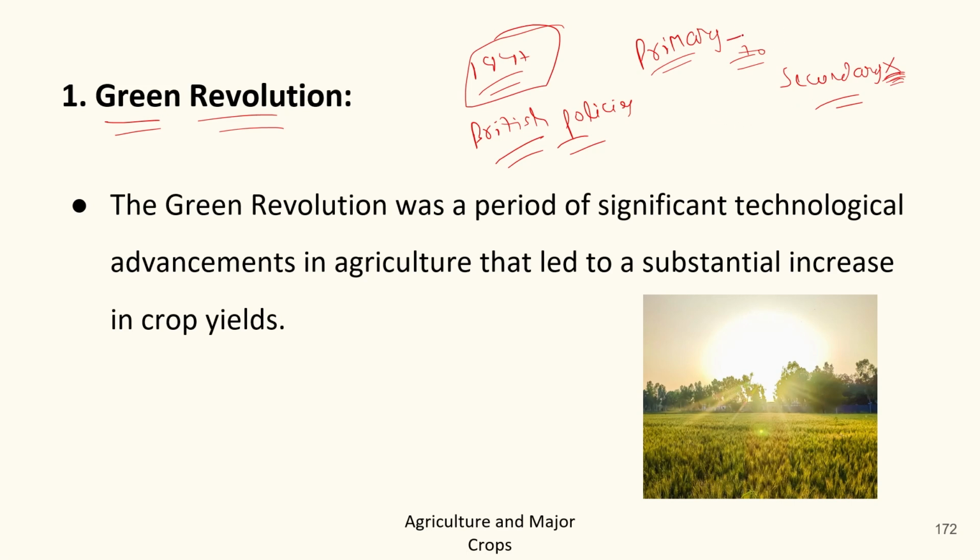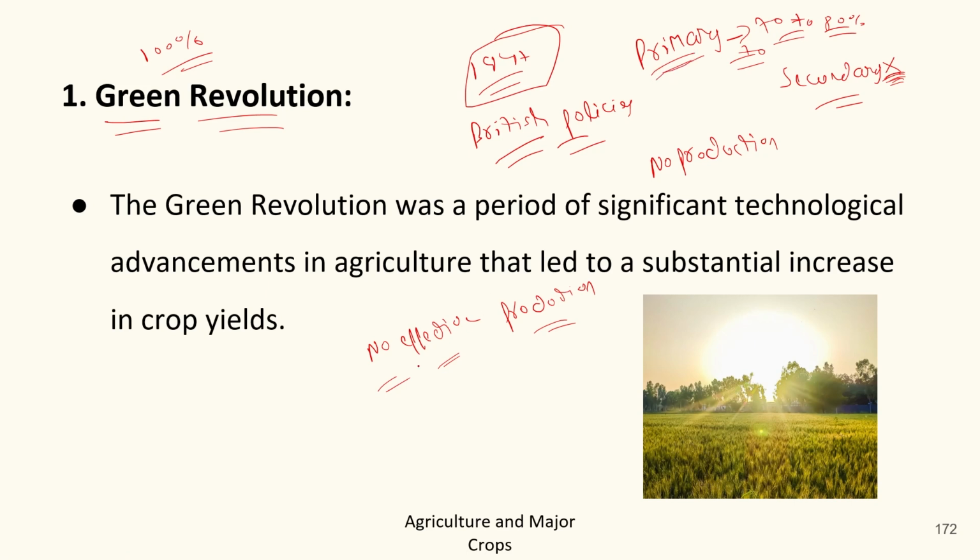Whereas our primary sector, where nearly 70 to 80% of our workforce was involved, we had almost no effective production. So just suppose we had 100% of workforce, out of this 70 to 80% were involved in the primary sector, and in this sector we didn't have any effective production.